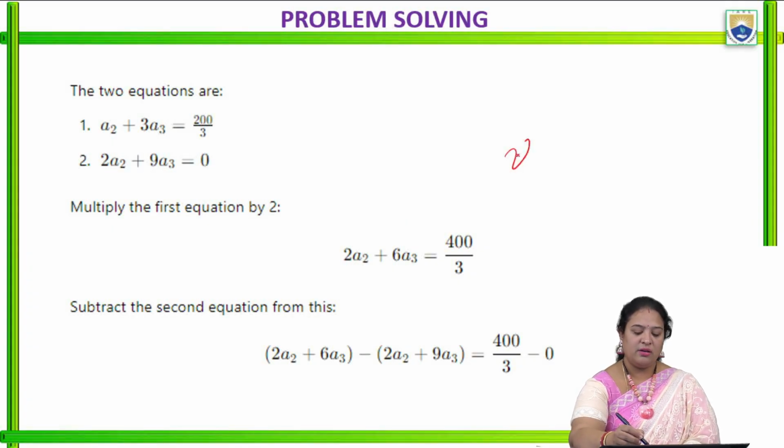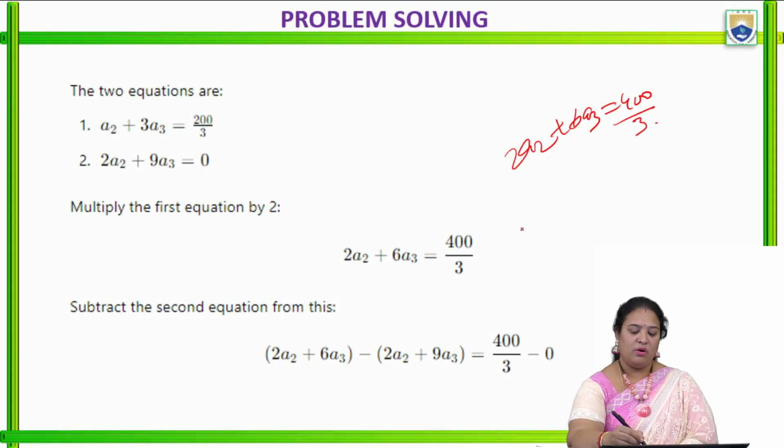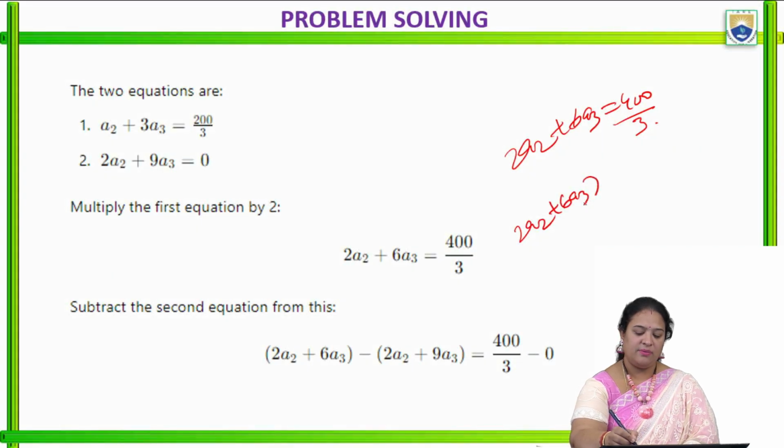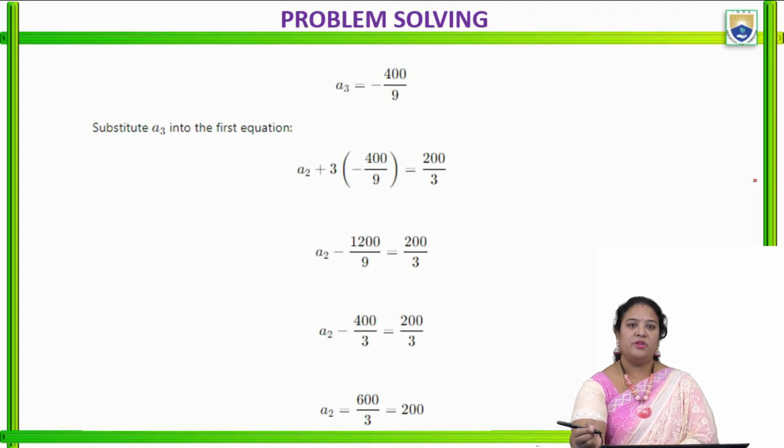So what we are getting? 2a2 plus 6a3 is equal to 400 by 3. Subtracting, 2a2 plus 6a3 minus 2a2 plus 9a3 is equal to 400 by 3 minus 0. So this is how we are getting the equation.